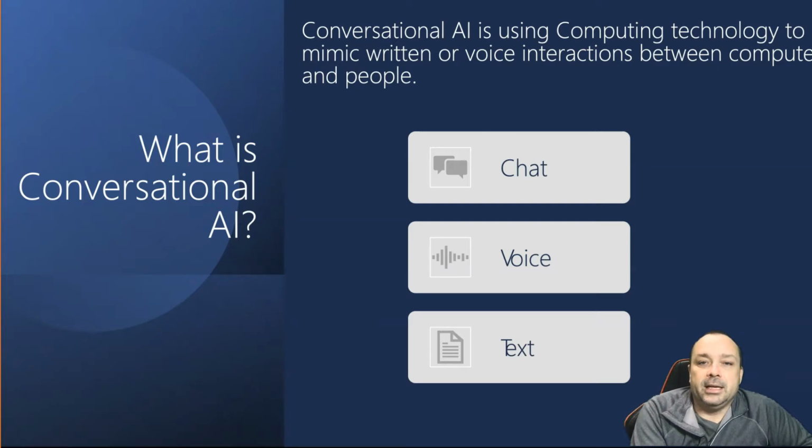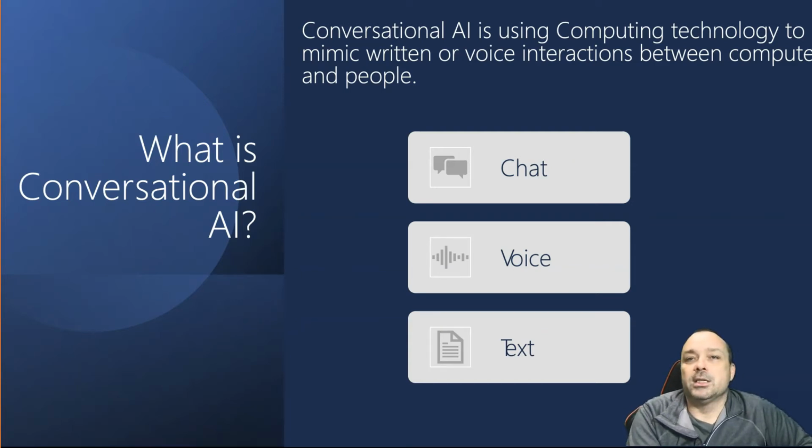Right? So when we talk about conversational AI, essentially the idea is that we're using artificial intelligence to mimic either written or voice interactions between people and computers. And those can be intermingled, right? So we could be talking about a website for a travel agency that uses a bot to automatically respond to queries.